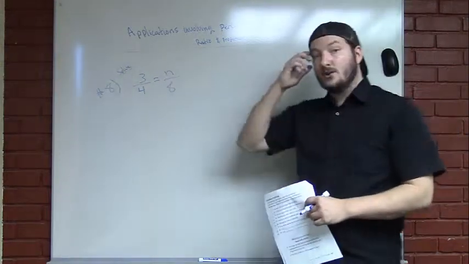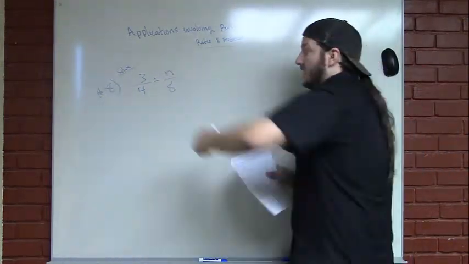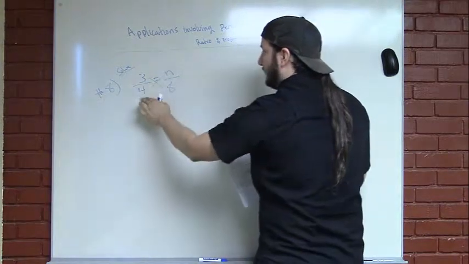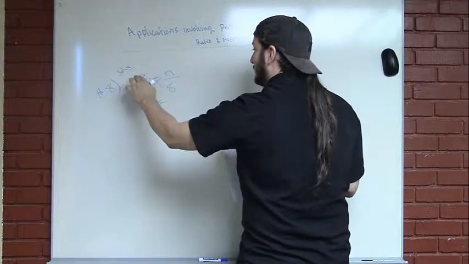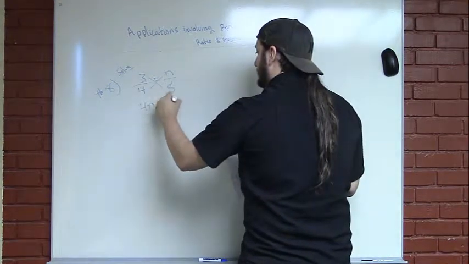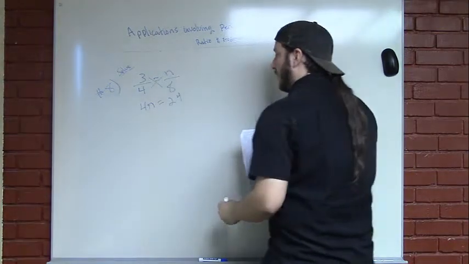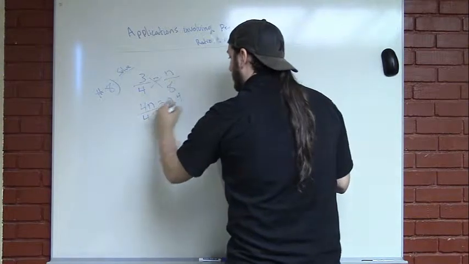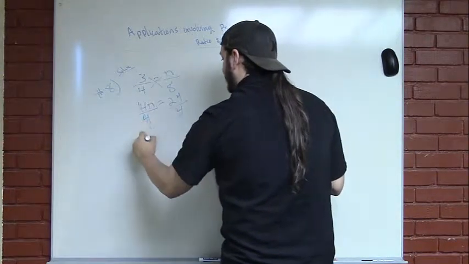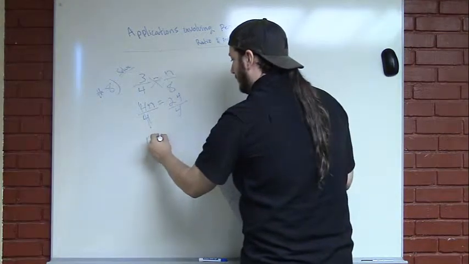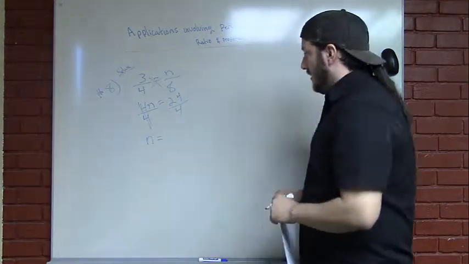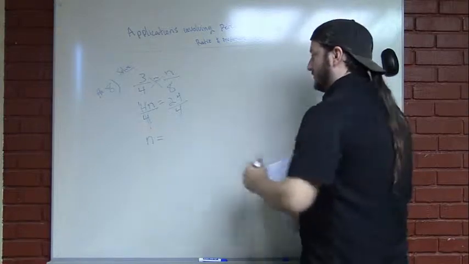So what you do here is you're just going to cross multiply. You can do what's called cross multiplication. So 4 times n is 4n, and that's going to equal 3 times 8, which is 24. Divide by 4. n is going to equal 6.